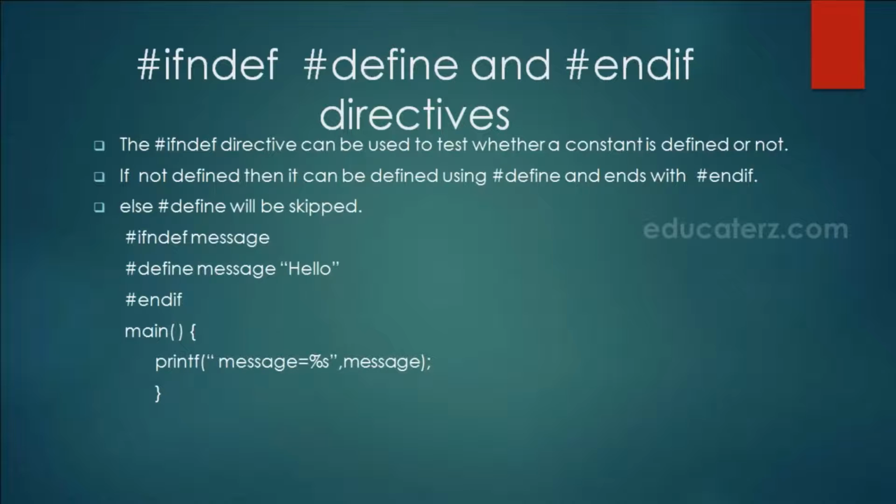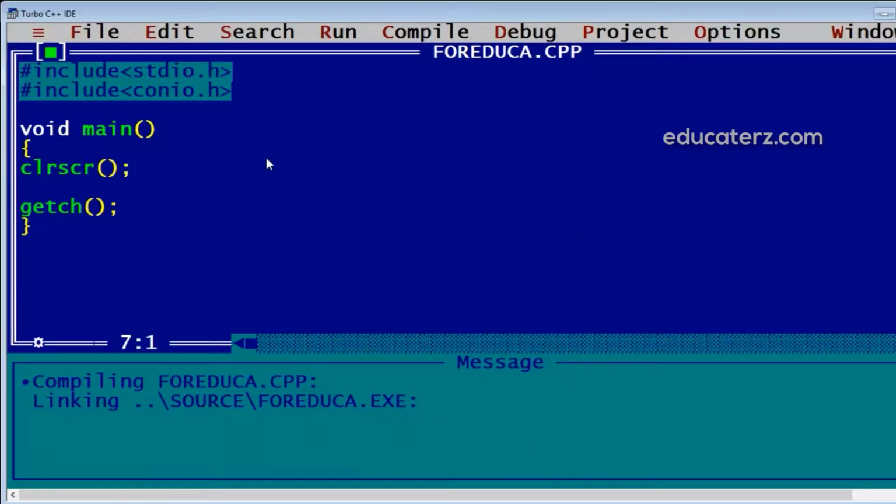Now we'll check this out practically. In this program again we have #include stdio.h and conio.h. These are the header files. Then main is the entry point of our application.